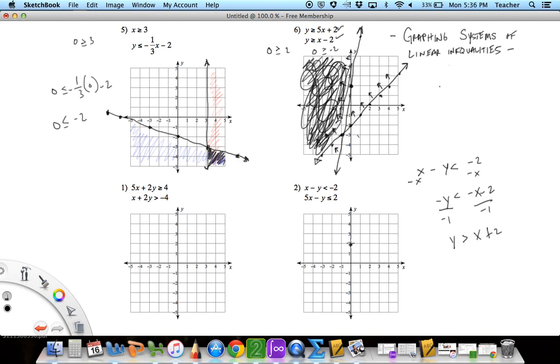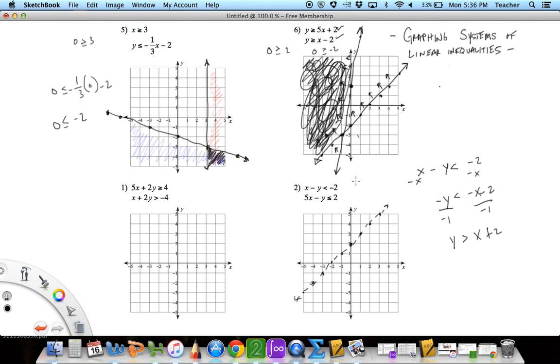So our line is going to look something like this. And this is very important. Because it's not equal to, it's going to be a dashed line. This should bring back memories because this is what we did for a long time in the last unit. We graphed linear inequalities. We just had to worry about shading one portion.